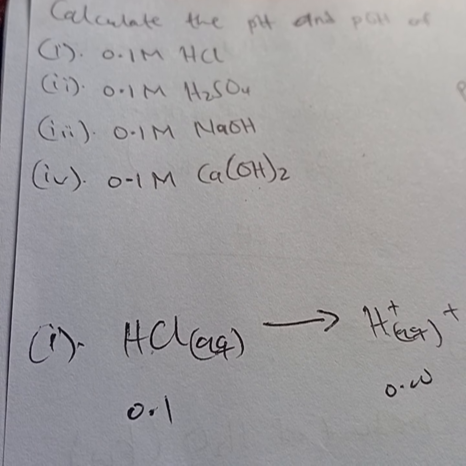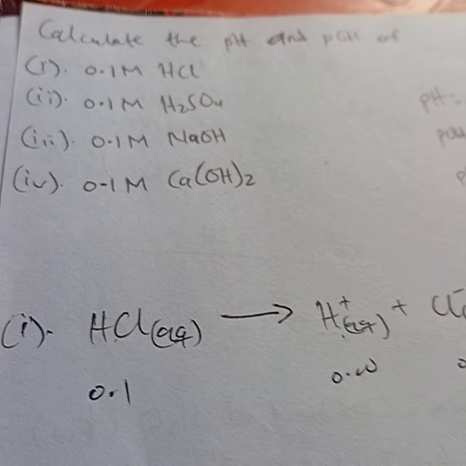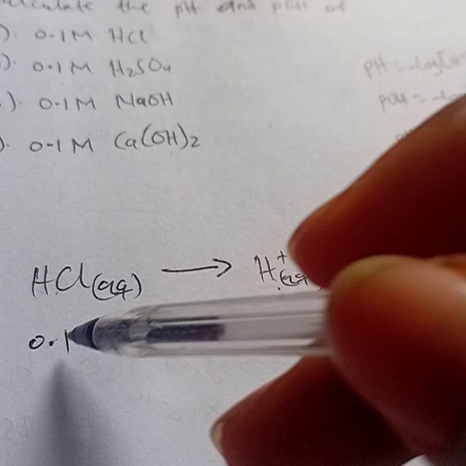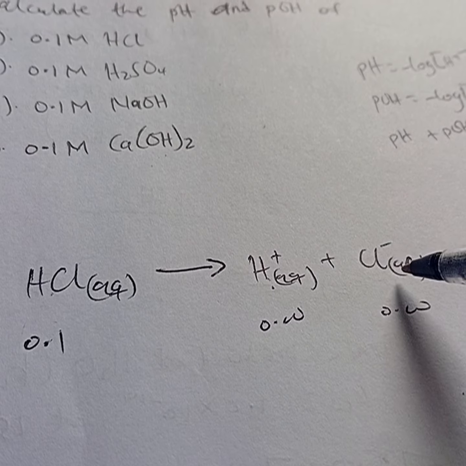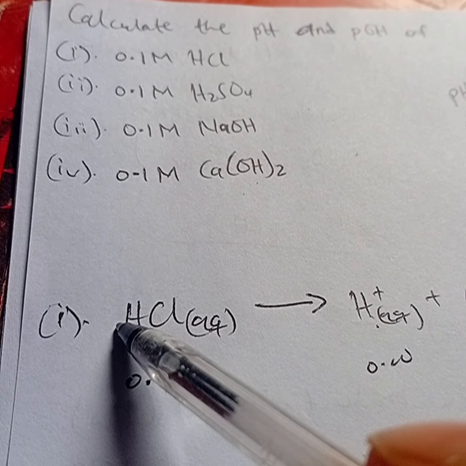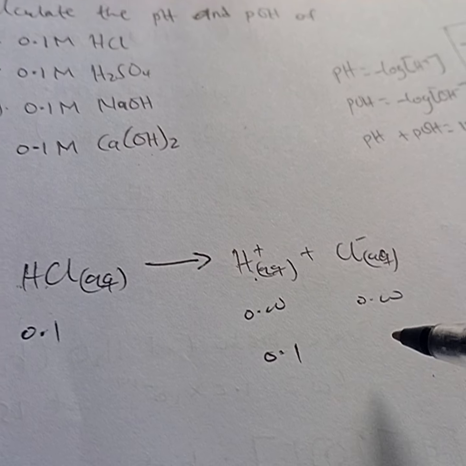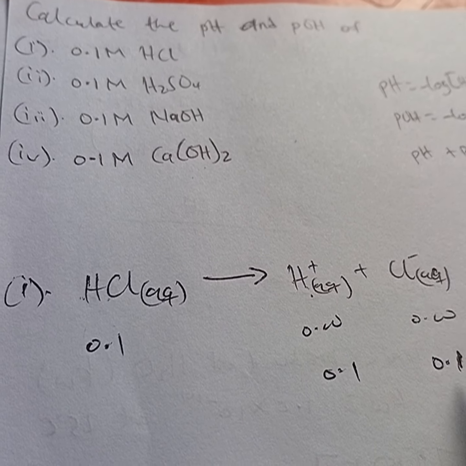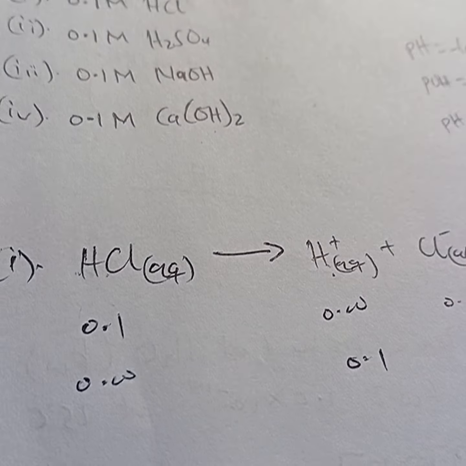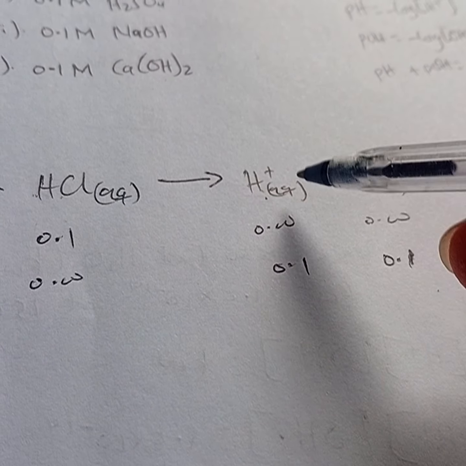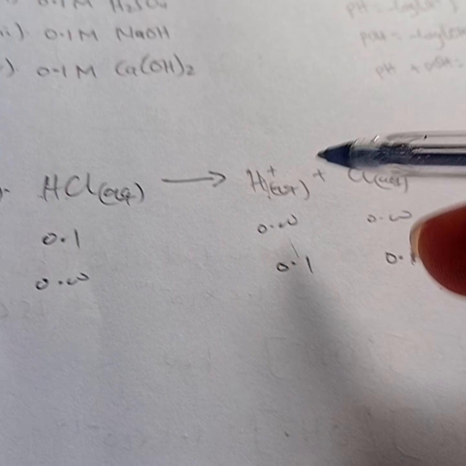First check if H+ is balanced. It's balanced, so we can continue. At the end of the reaction, this whole concentration will come here. The mole ratio is 1:1, so here becomes 0.1 and here becomes 0.00. So the concentration of H+ is 0.1.